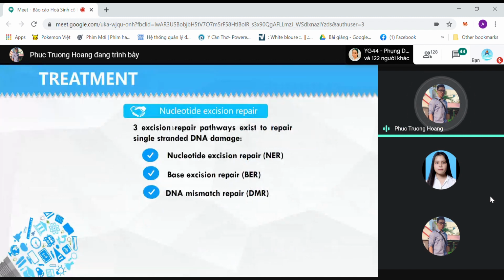Next, we go to nucleotide excision repair. There are 3 excision repair pathways to repair single-strand DNA damage: nucleotide excision repair, base excision repair, and DNA mismatch repair.